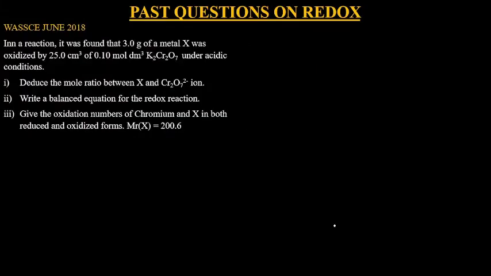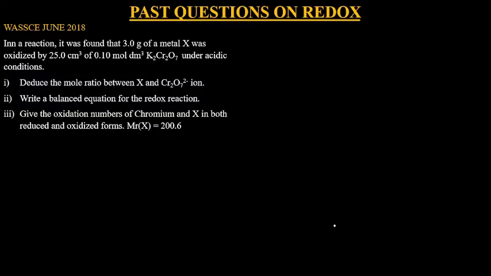Now this question says, in a reaction, it was found that 3.0 grams of a metal X was oxidized by 25 cm³ of 0.10 mol/dm³ K2Cr2O7 under acidic conditions.